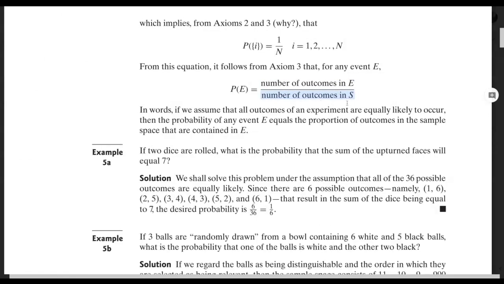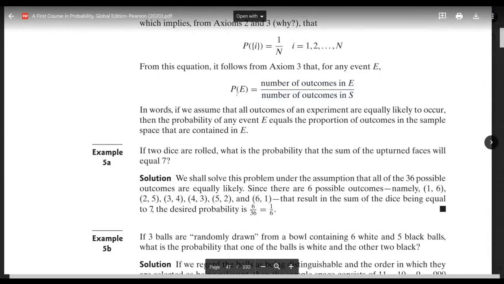The number of outcomes in S is all the possible outcomes. The number of outcomes in the event we're interested in, we call E. So that's the probability of the event.